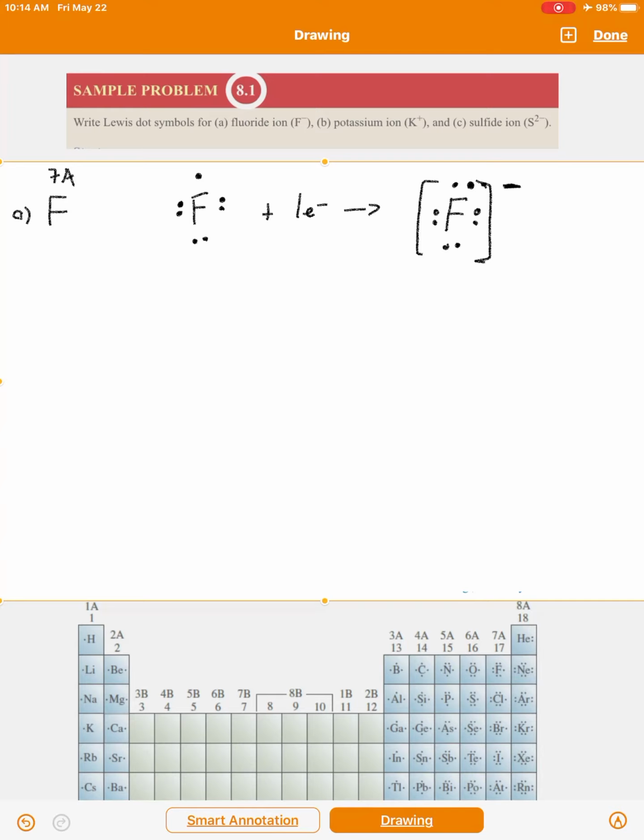Let's try B. B is potassium. Potassium is in group 1A, which means that it only has 1 dot, 1 lonely valence electron. So what happens when it gets oxidized to K plus?